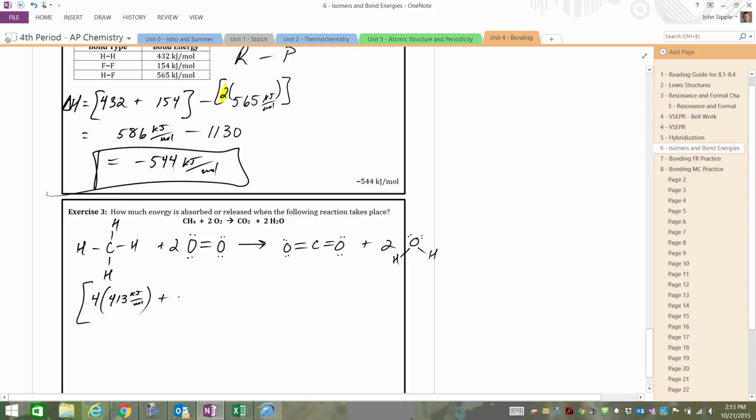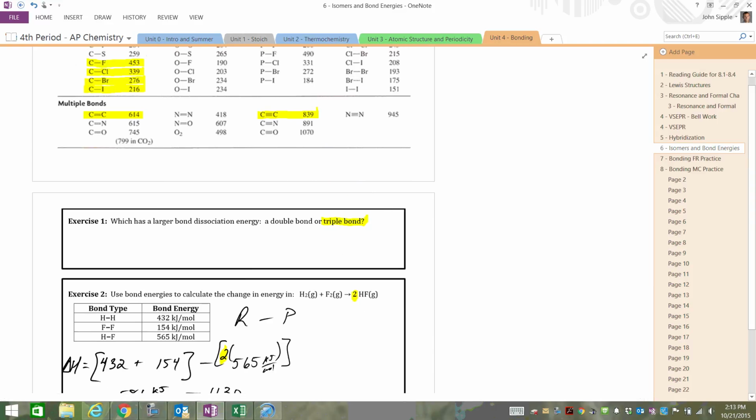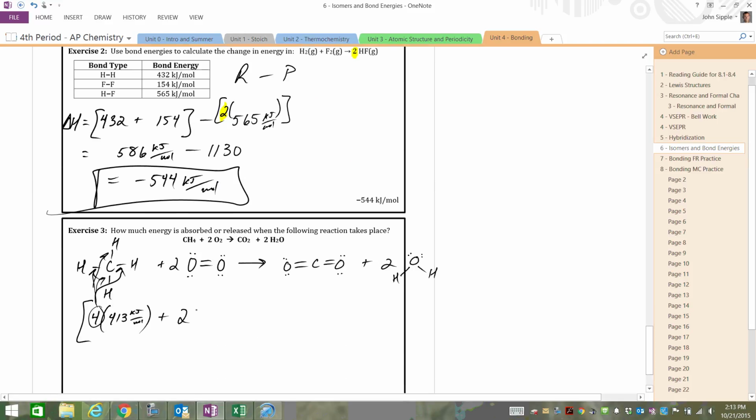I'm going to make sure to point that out to you: 1, 2, 3, and 4, because of those 4 bonds there. That's where that 4 is coming from. And then we've got 2 times O2, which is right here, 498.